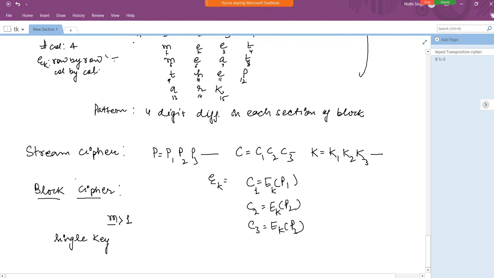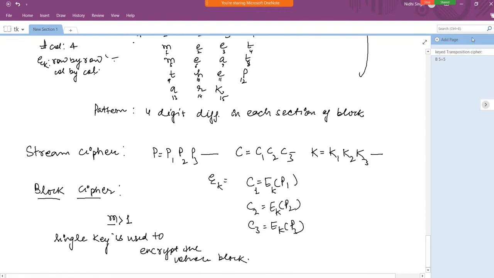In the previous example, in the keyed transposition cipher, we did the same thing. We use a single key to encrypt each whole block separately. Single key is used to encrypt the whole block.